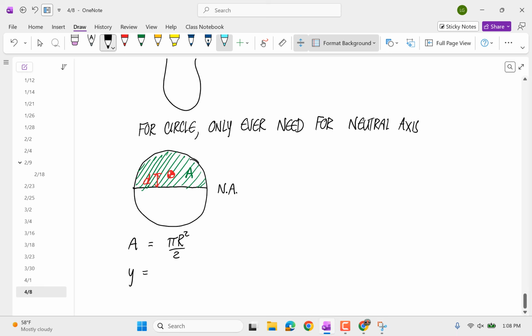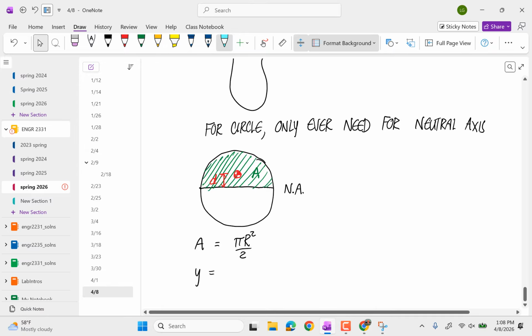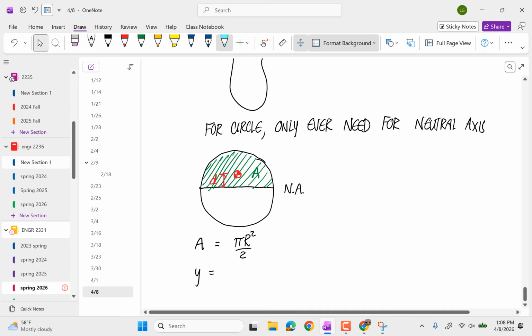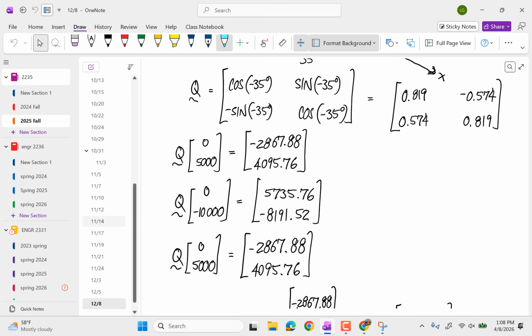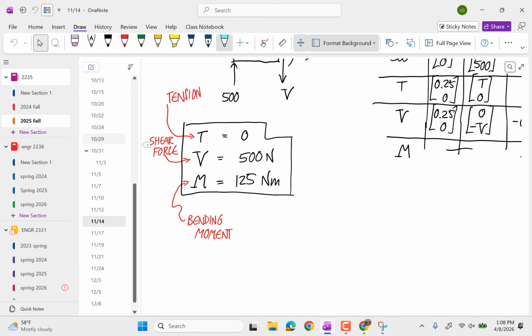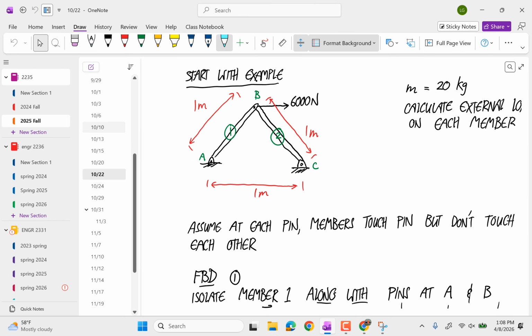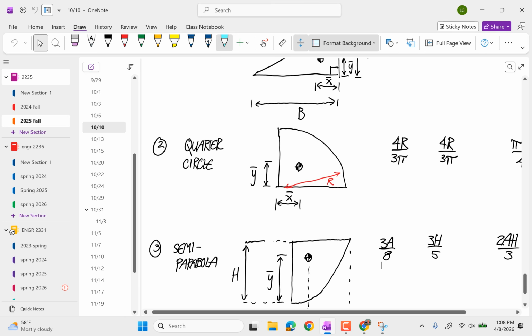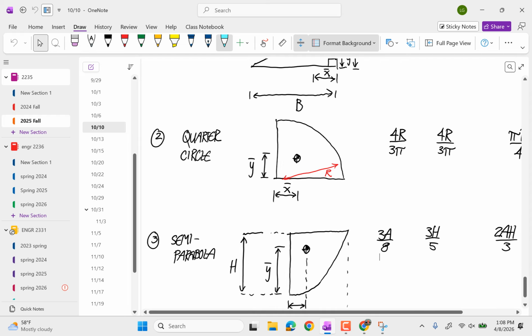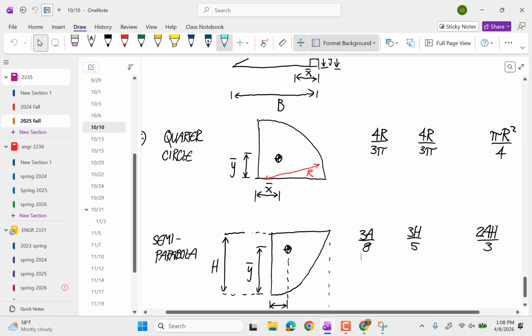For a quarter circle, it's 4r over 3 pi.